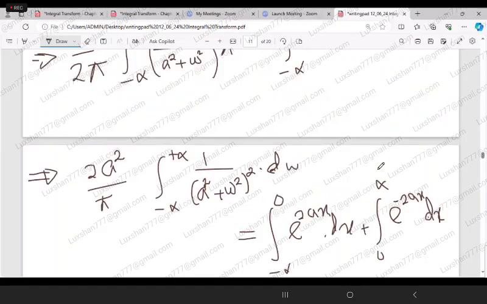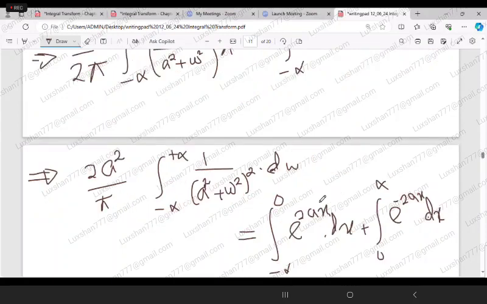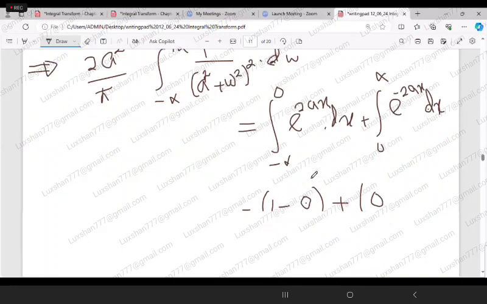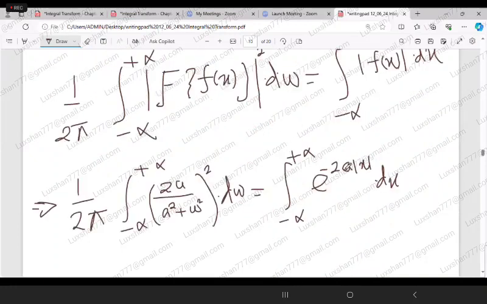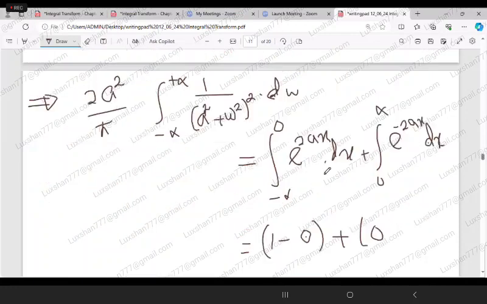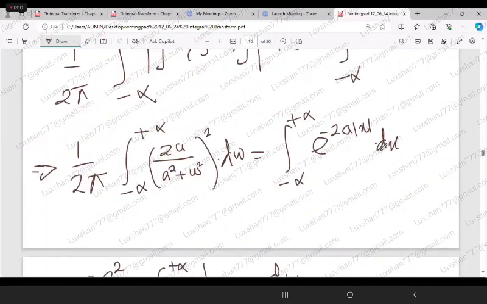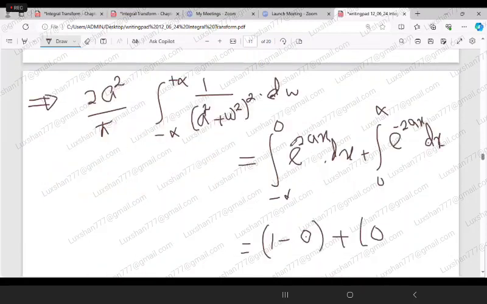Where's the mistake? I didn't get it. Yeah, minus 2a mod x. This range minus infinity to 0, that is 2ax. That's correct, no? Because when x is in this range, it is minus x, so minus x means plus 2ax. And in this range, it is plus x. Therefore, 2ax. So minus infinity to 0 of 2ax.